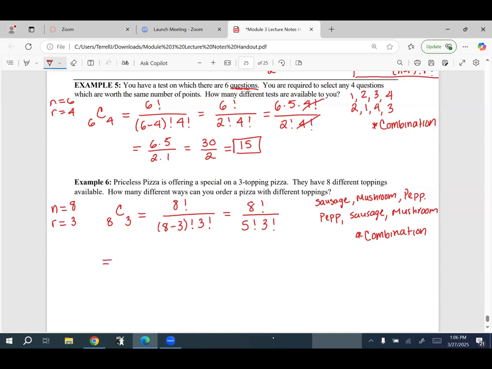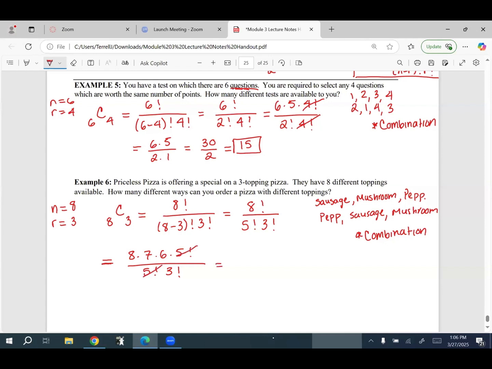And so let's rewrite 8 factorial as 8 times 7 times 6 times 5 factorial. I'm going to stop at 5 factorial there because I see a 5 factorial in the denominator. I want to cancel those two.